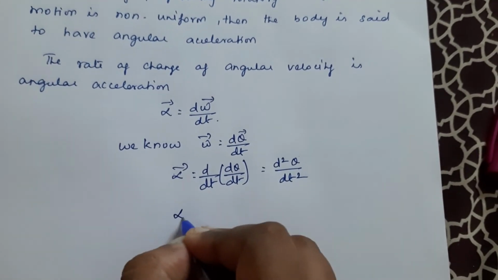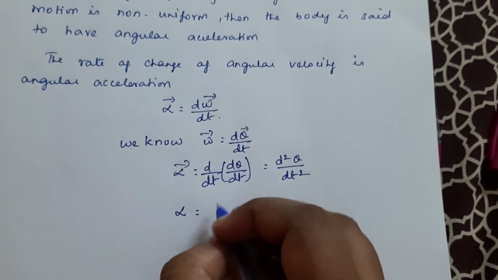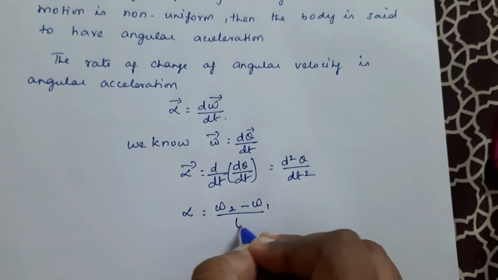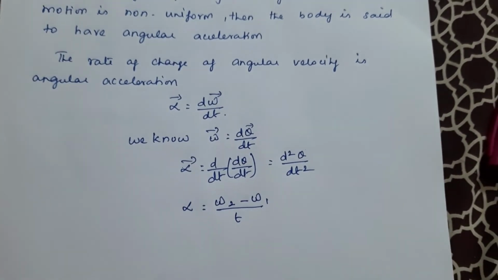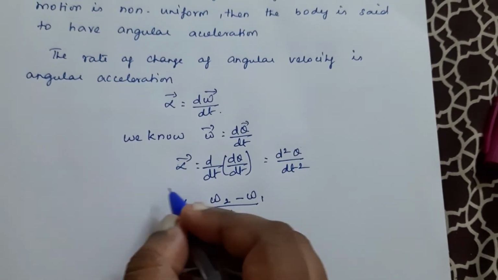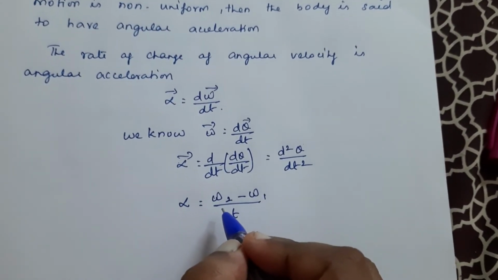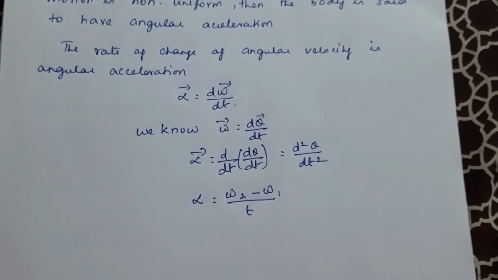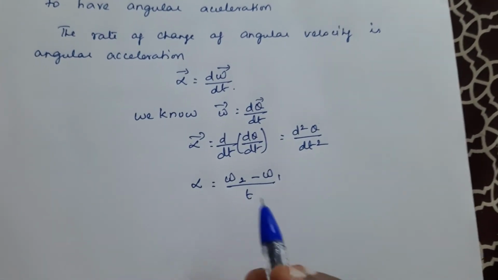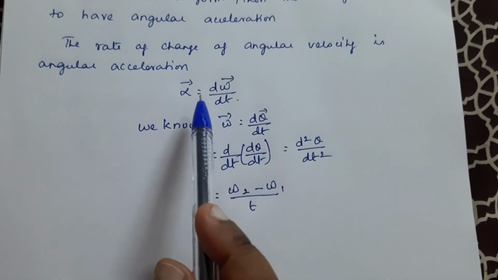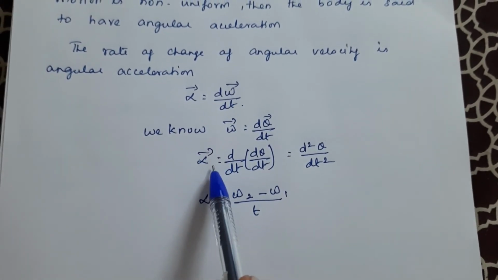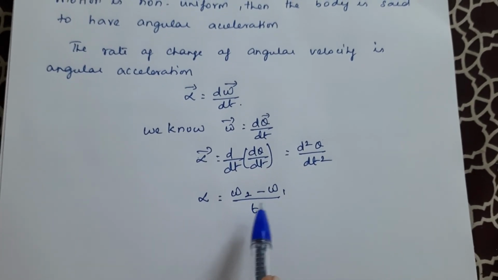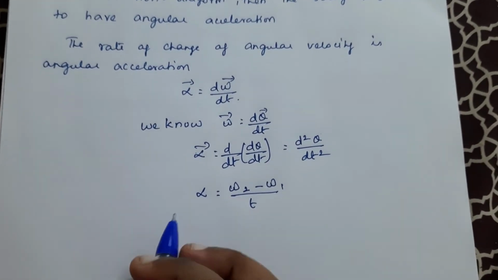In other words, we can also write it as final angular velocity minus initial angular velocity by time. This is another formula. We have three formulas: alpha is equal to d omega by dt, alpha is equal to d square theta by dt square, and alpha is equal to omega 2 minus omega 1 by t.